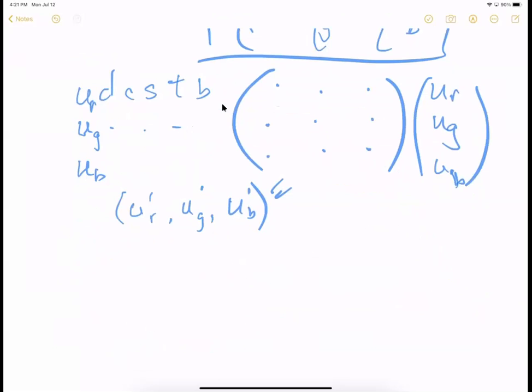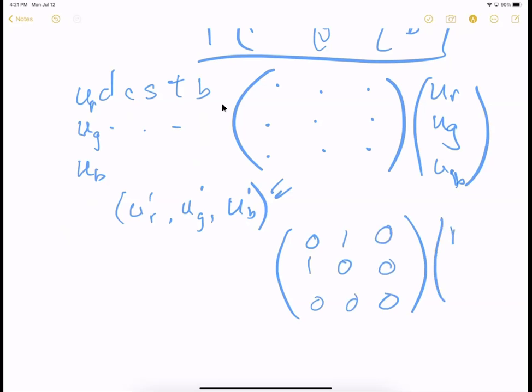So what this means is if we look at the generators for SU3, remember the Gell-Mann matrices, we had things that looked like Pauli matrices. So this would be one of the Gell-Mann matrices. And so if we have red, green, blue, what this is going to do is put the green up and the red down here and do nothing to the blue.